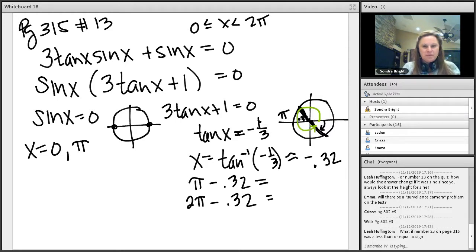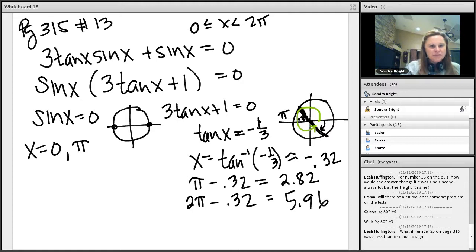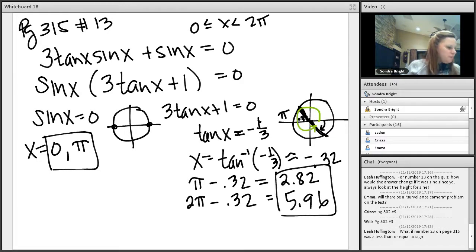So this one was 2.82, and this one gives me 5.96. So you've got 4 answers: 0 and pi, and 2.82 and 5.96. So all of their 4 answers together. Okay, so that was 315.